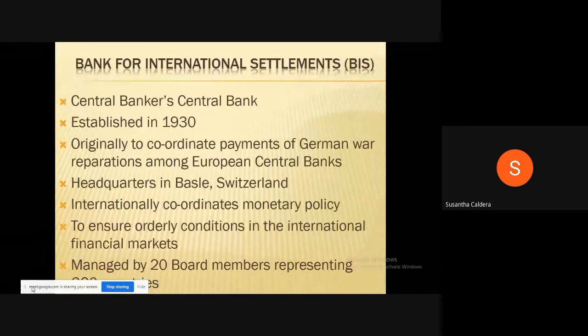Then, headquarters in Basel, Switzerland. Now we have Basel 2 at the moment, right?